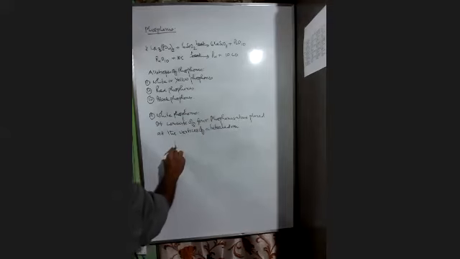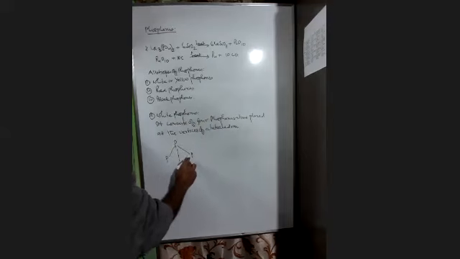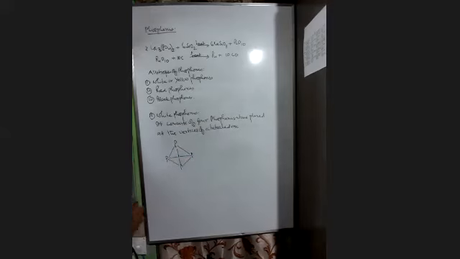That is, it looks like this. I told you already, phosphorus cannot form a triple bond like nitrogen because of its large size, and it cannot form pi bonds.